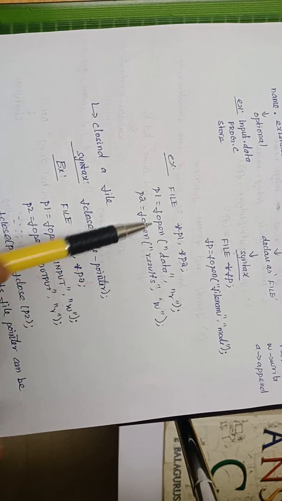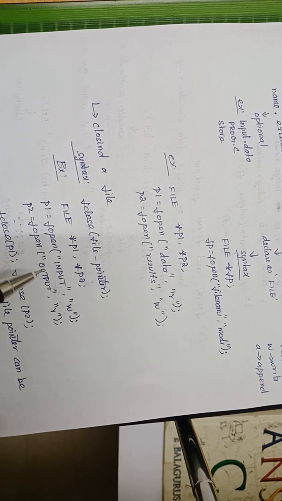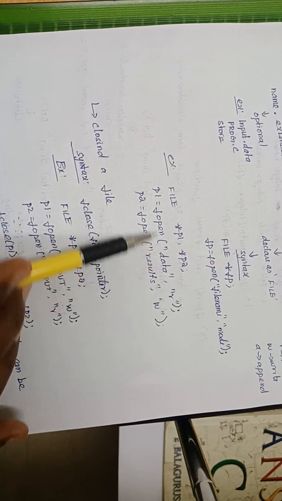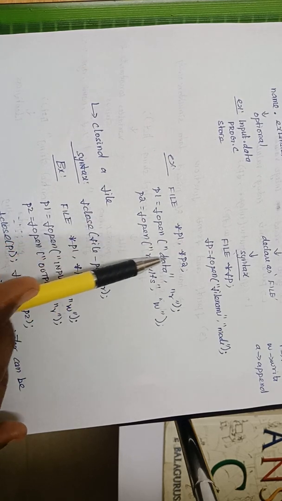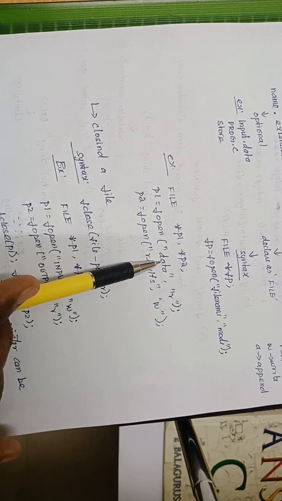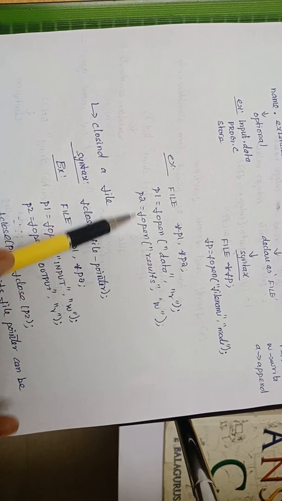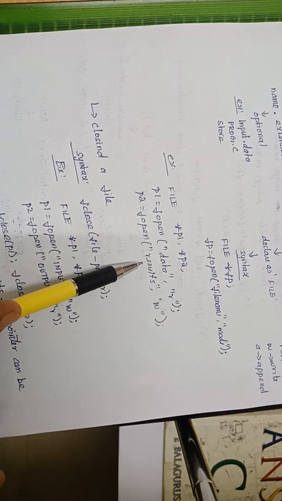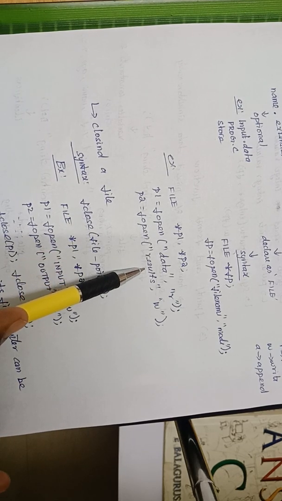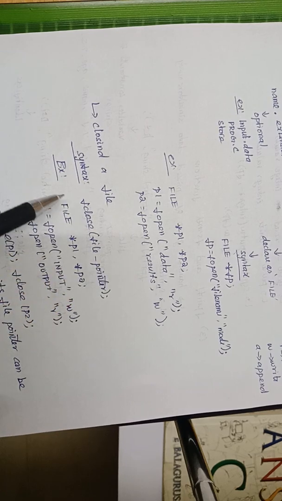So this file pointer makes a link between the system and the program. So this p1 connects with data and p2 connects with the result file in the system.